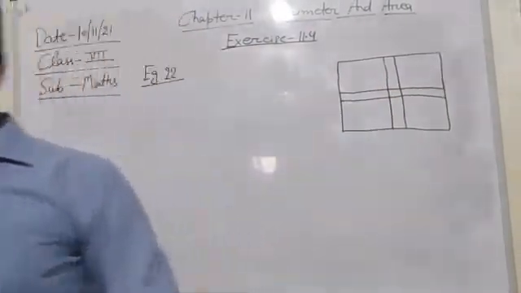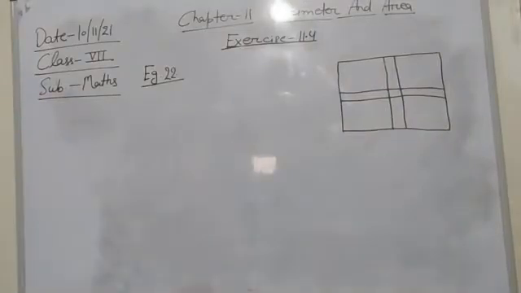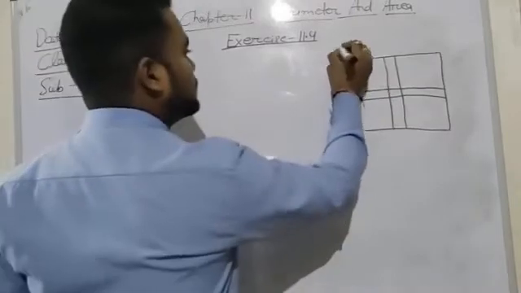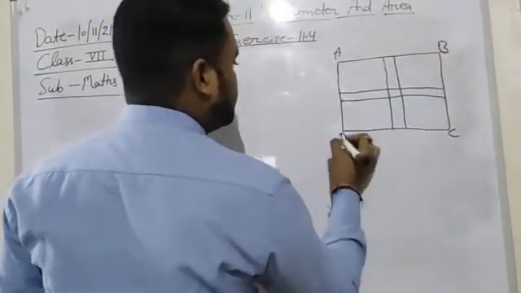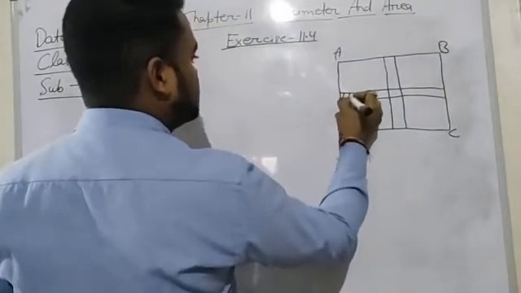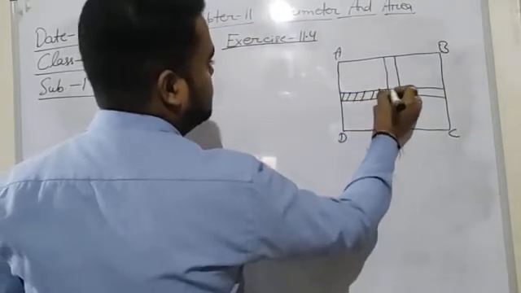First, name it. ABCD is the rectangular field and this is the shaded region.